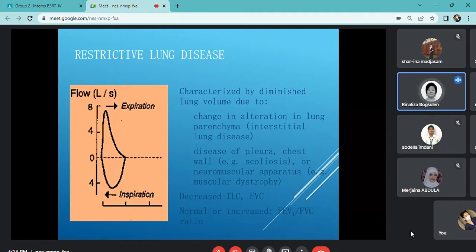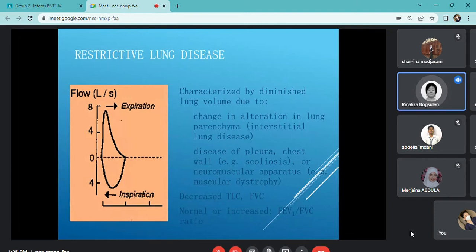The hallmark of restriction is FVC. Ulitin ko. Description of the loop of your RLD or restrictive lung diseases resembles a witch hat. Or it can be, pwede rin naman, na miniature ng normal loop. Kasi parang lumiit lang yung normal. It's normal looking. You do not see scooping out here, but it seems na parang lumiit siya. Nag-shrink yung inyong loop. That's a typical loop of your restrictive lung disorders.